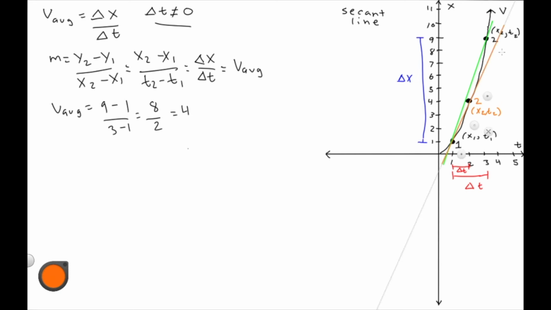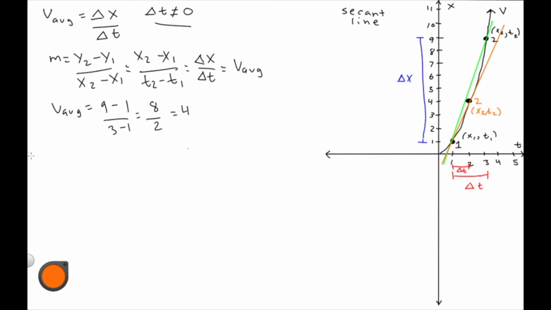So this orange line is going to be our new secant line. And the slope of this new secant line is going to be the new average velocity between point 1 and our new point 2, which is going to be in orange, right?